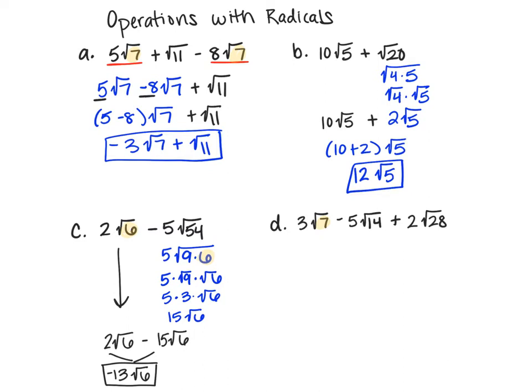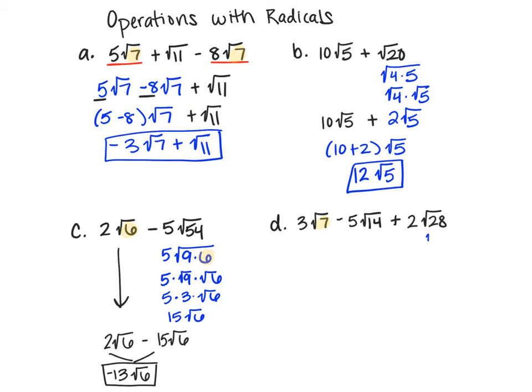Let's see if that'll work. So 14 doesn't really have any perfect squares in there, so this is just 7 times 2, and neither of those numbers are perfect squares, and the only other way to get 14 is 1 times 14. So I don't think I'm going to be able to simplify that one.